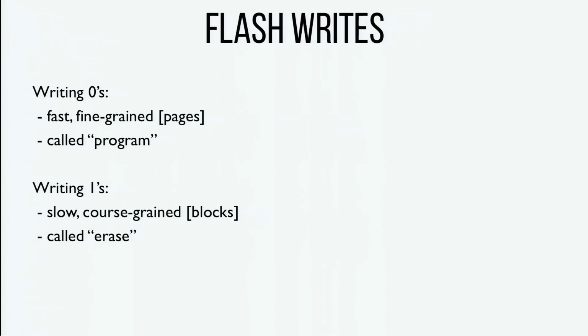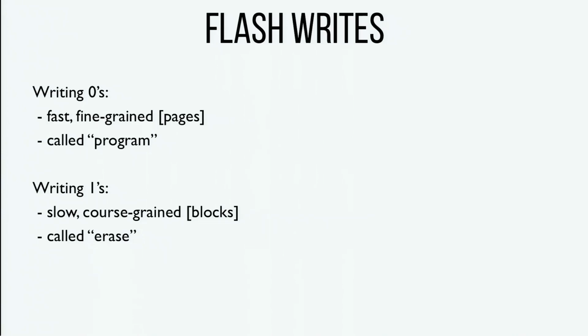Okay. So how do you actually write to flash? There's two different steps here. The first step is you can write zeros to something that has previously been erased. So if it was filled with ones, you can then write zeros to it. And you can do this programming at the fine granularity of pages.